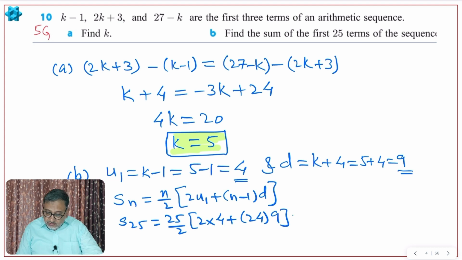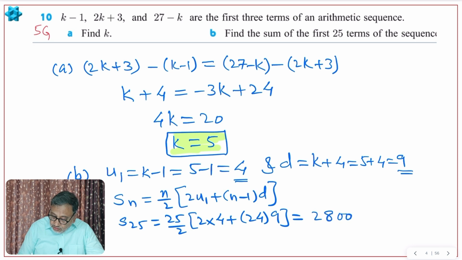Simplifying all of them together, 25 divided by 2 into 2 times 4, 8, plus 24 times 9, gives me 2800. So 2800 is the sum of the first 25 terms, right?